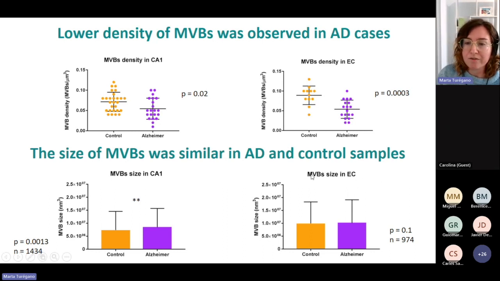We didn't have any difference in entorhinal cortex, but in CA1 we can see a slight difference, a little bit of an increase in size of MVBs from Alzheimer's samples. But we have to be careful with that, because I have experience with this kind of data, and here we have a very big sample, like 1,434 MVBs.